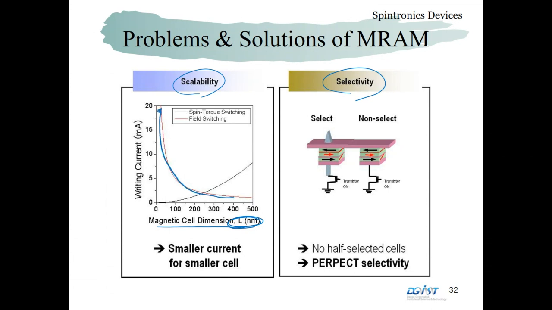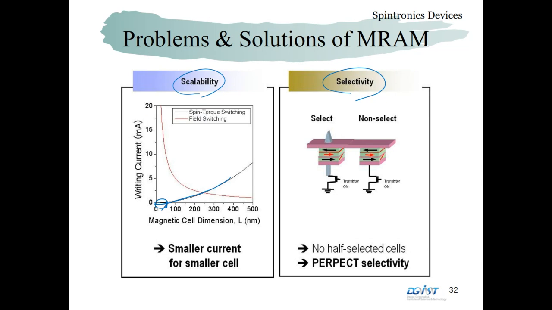So that means if you want to make a small memory array, we need a very large field, meaning we are going to use more energy. So it's a very bad idea. But if you introduce a new technique called spin transfer torque, then the required current is scaled down. So if we make a smaller cell, we need a smaller current. This is very promising.